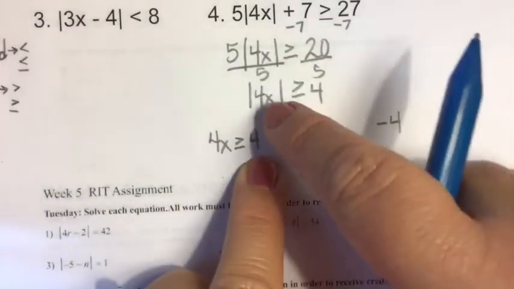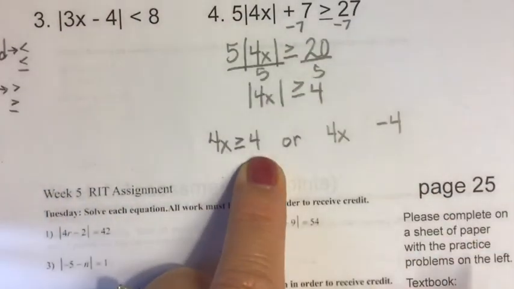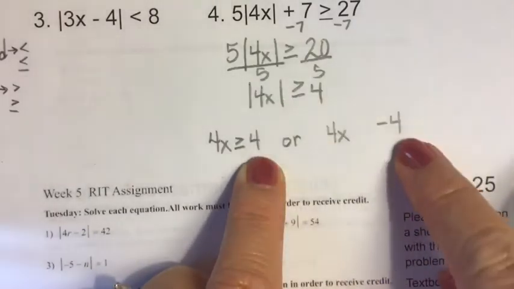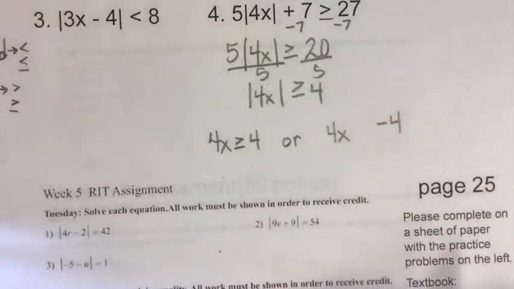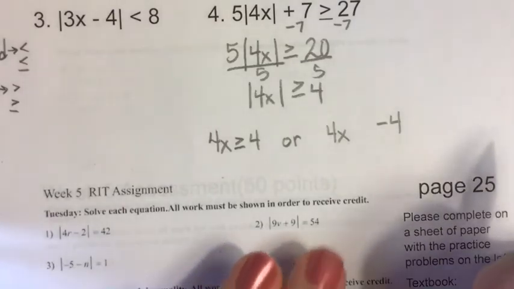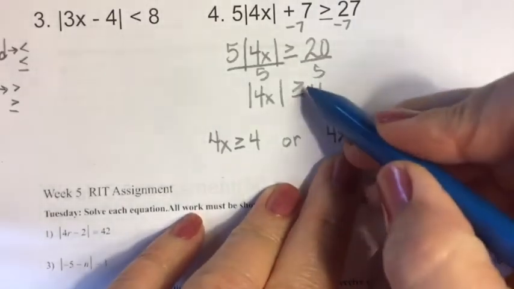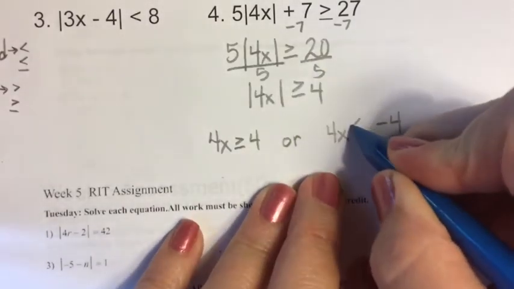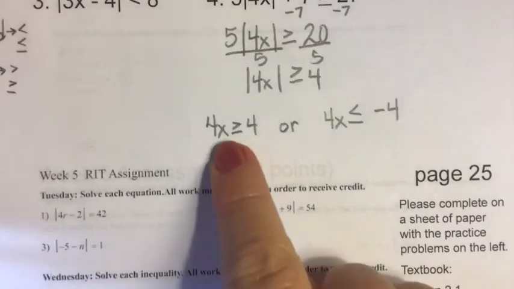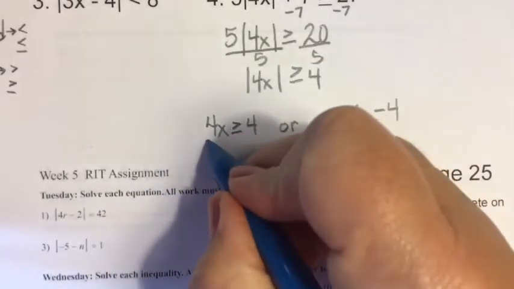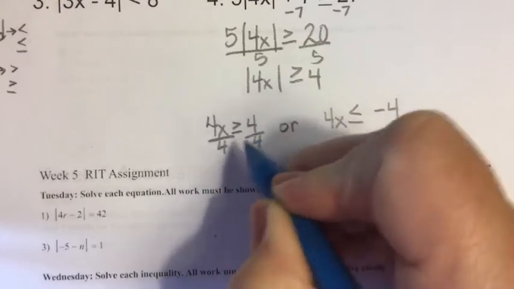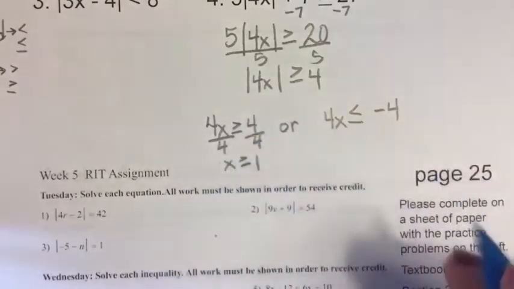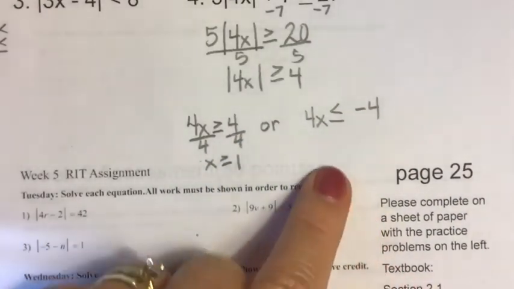You do this expression with positive 4 and this expression with negative 4. The difference, however, is that I must flip this inequality over. I'm going to solve each of these. Solve this one.